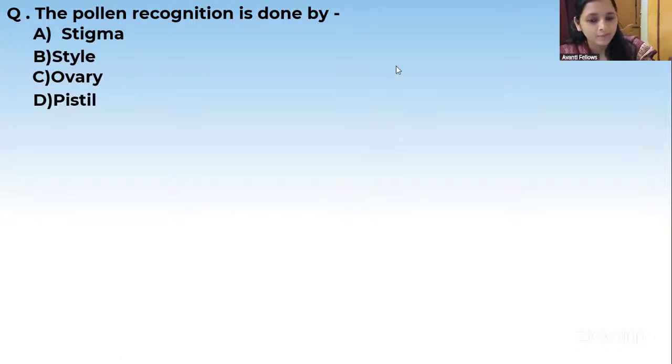I'm going to run the poll. You can answer me in the poll. Which one of the following is correct? Who is going to recognize the pollen? This pollen is specific to this stigma. I need answers from others also.